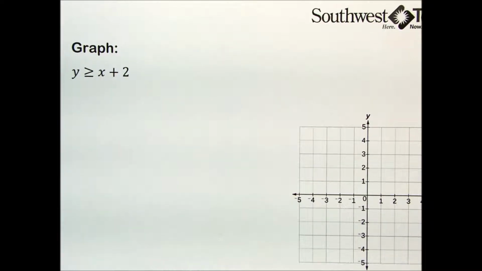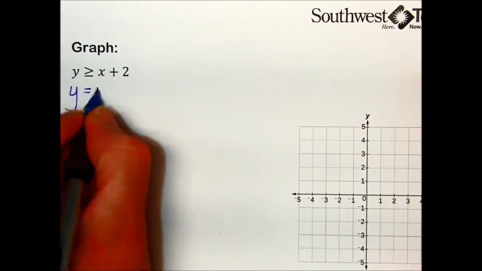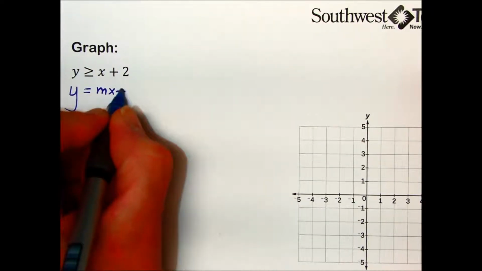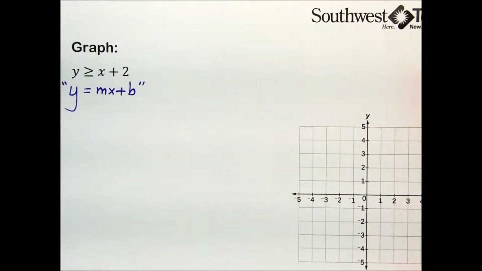And so we will temporarily ignore the inequality sign and treat this as though it was a linear equation with an equals in it. It is in slope-intercept form, so this is a way of graphing this inequality. You can pick points, or you can graph this linear inequality by its x and y intercepts.